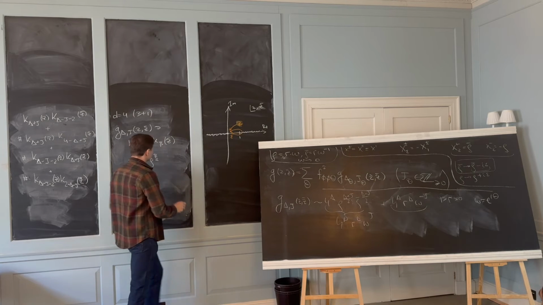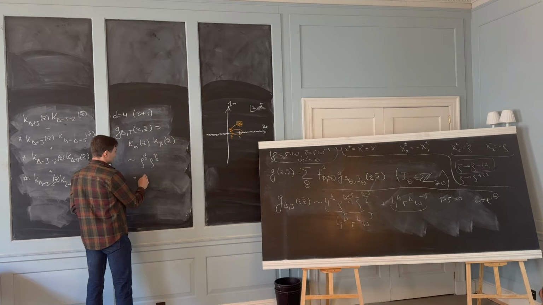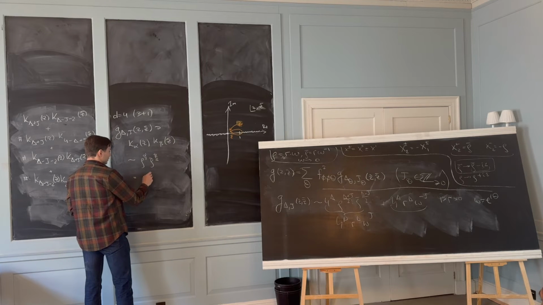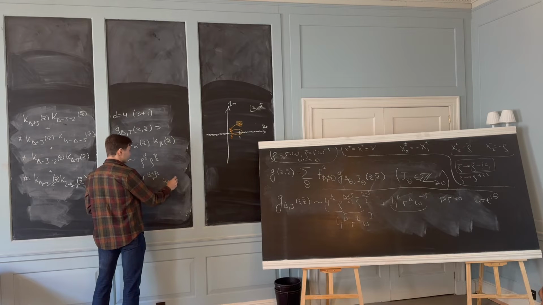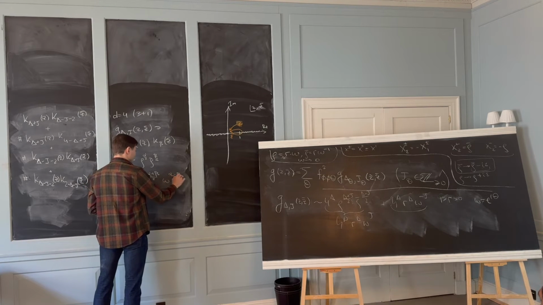And using this, it is going to be r to the power alpha plus beta over 2, and then omega to the power alpha minus beta over 2.